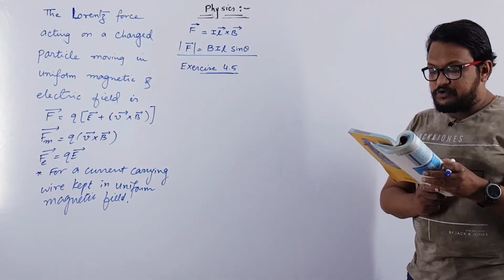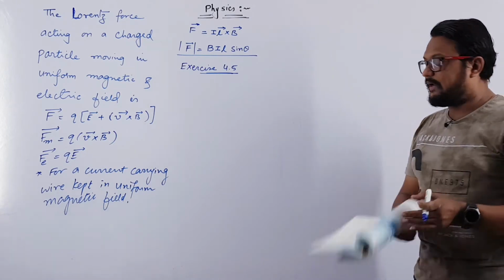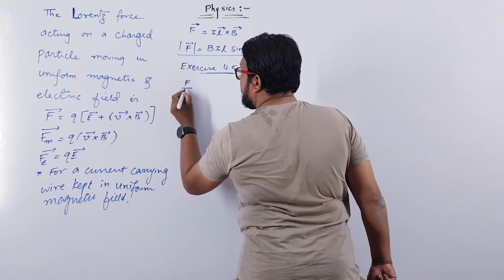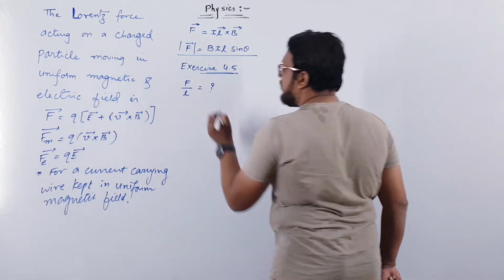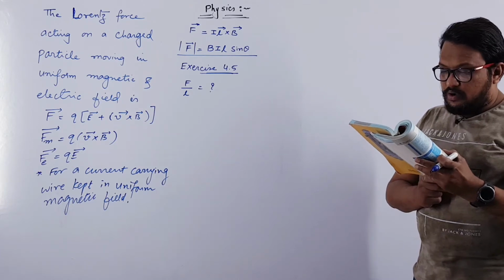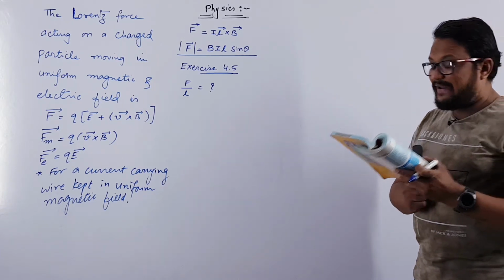What is the magnitude of magnetic force per unit length, F upon L, on a wire carrying a current of 8 ampere?